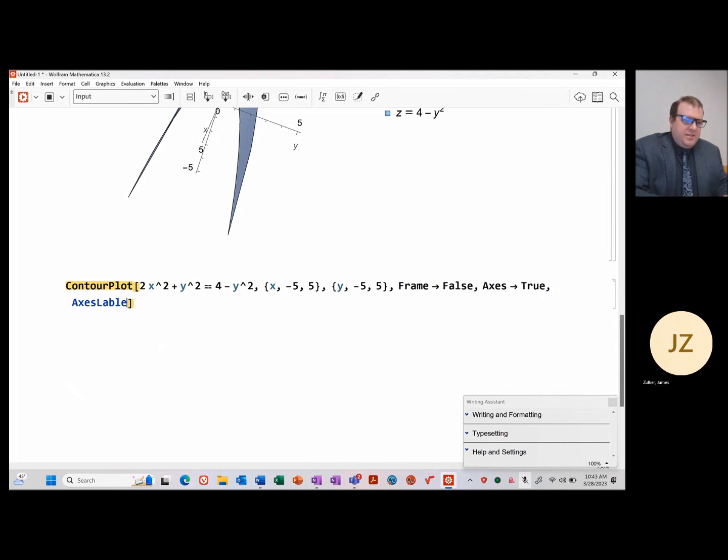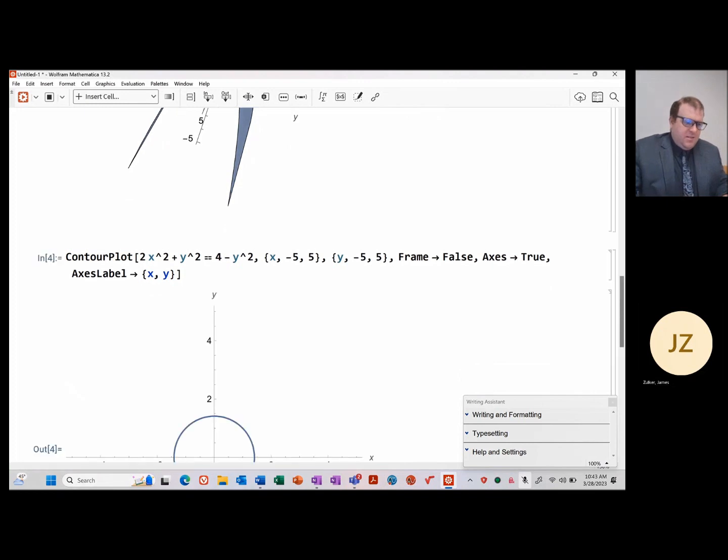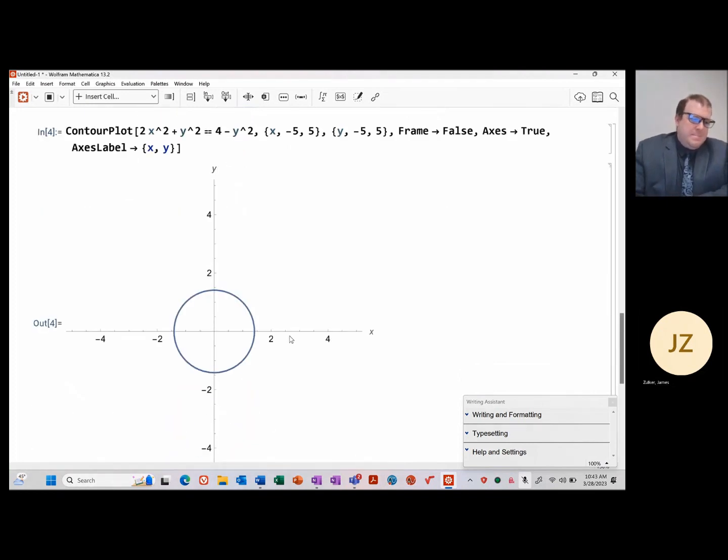Let's go ahead and just label it. Curve of intersection is a circle, specifically a circle of radius √2.